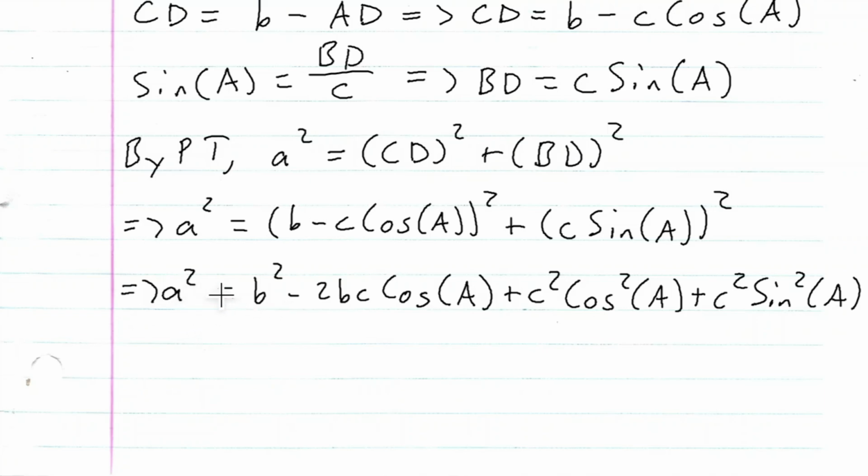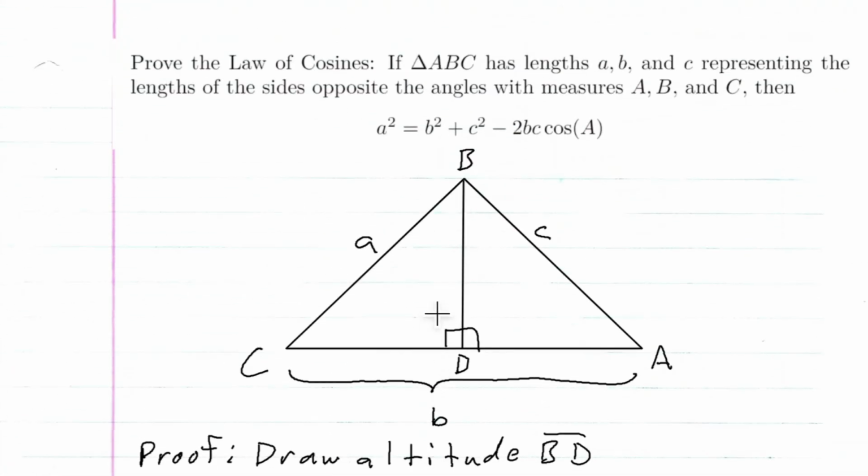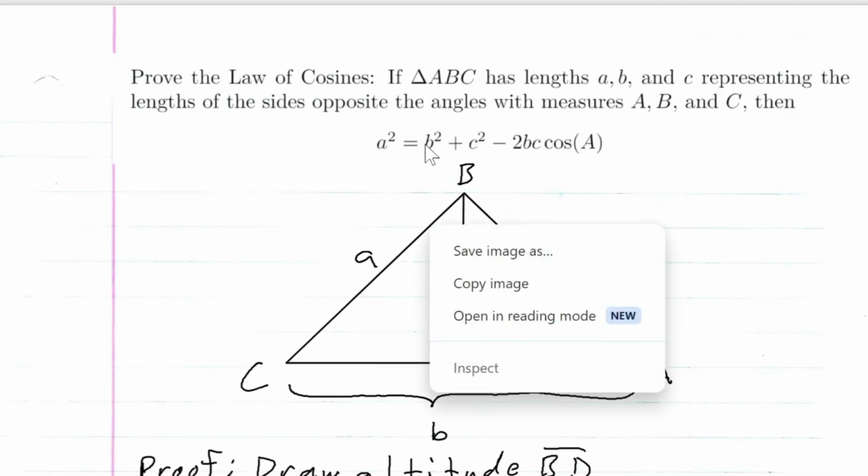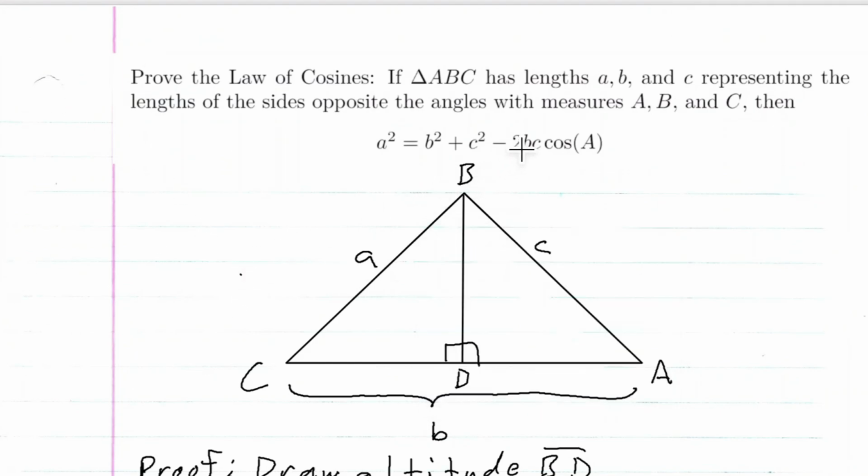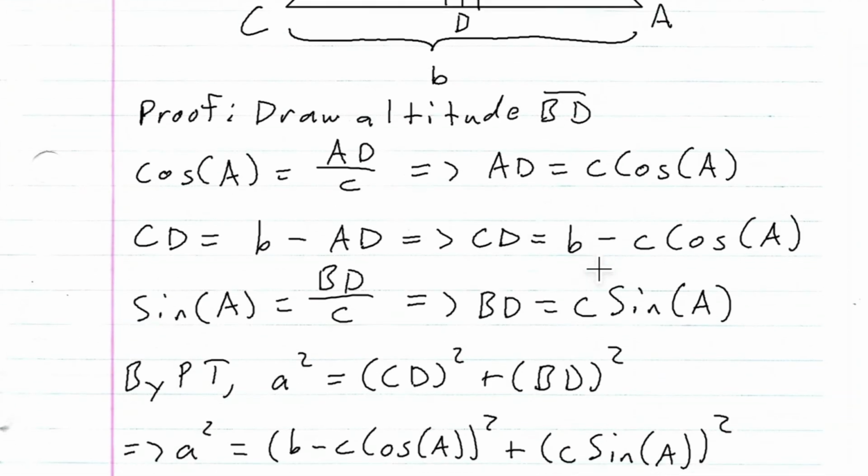I have a squared, b squared, and negative 2bc cosine of A.